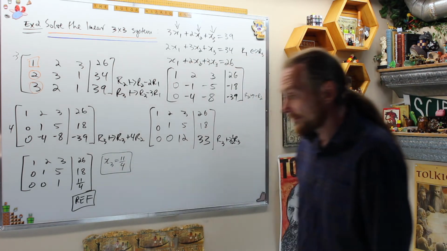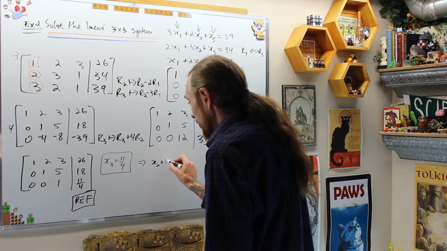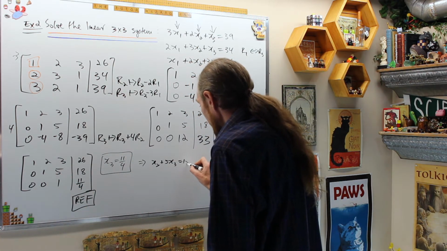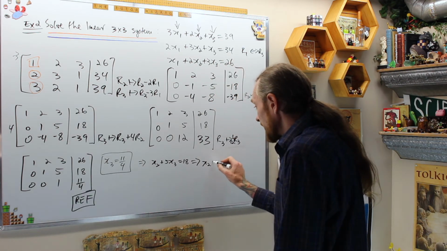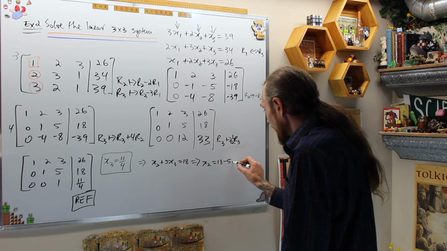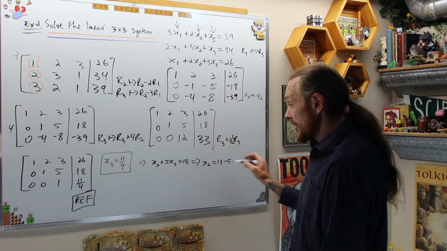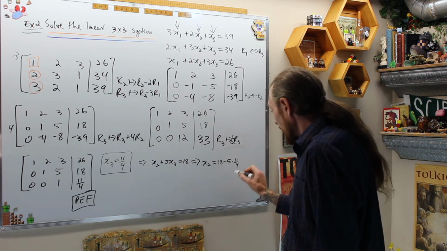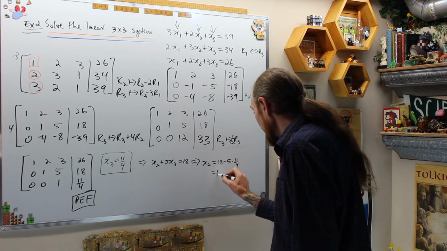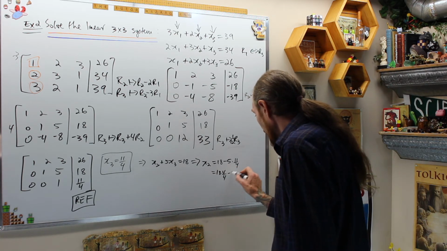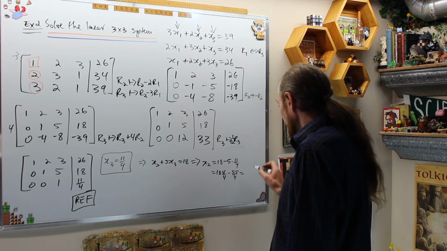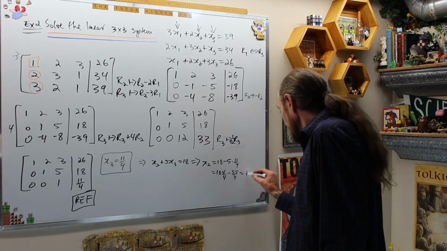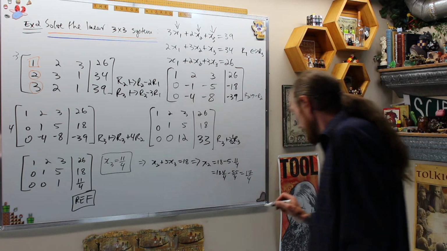I have that one. Equation 2 says x2 plus 5x3 equals 18. So that says x2 is equal to 18 minus 5 times 11 over 4, which is going to be 18 times 4 over 4 minus 55 over 4, which is going to be 17 over 4.